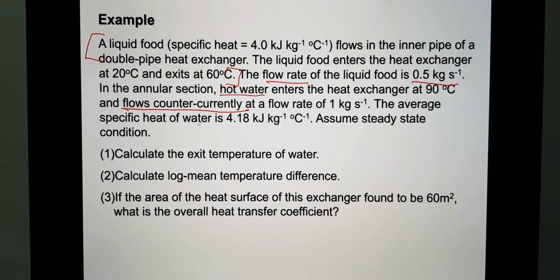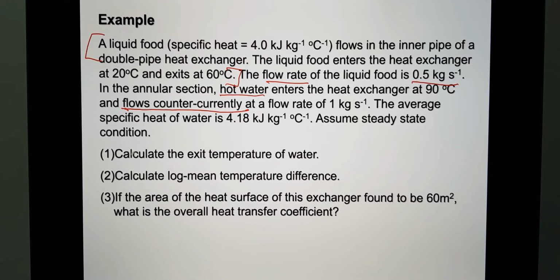The average specific heat of water is 4.18 kilojoule per kilogram degree Celsius, and assume steady state condition. Alright, so you are being instructed to calculate 3 items here.